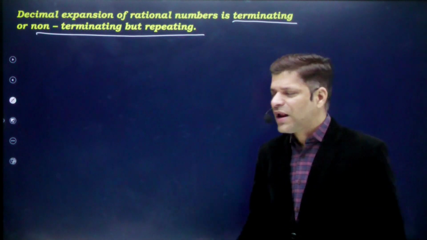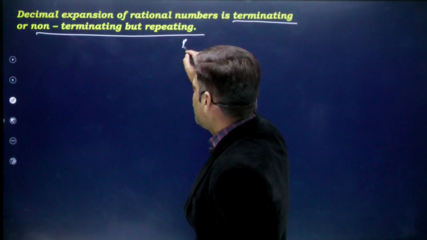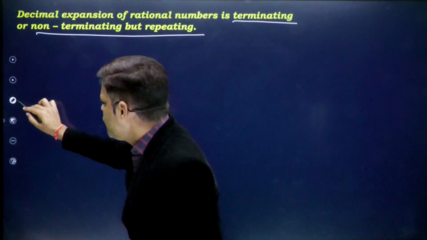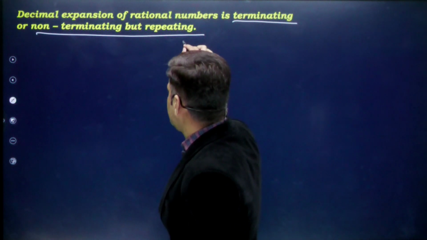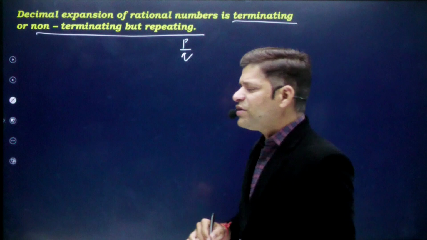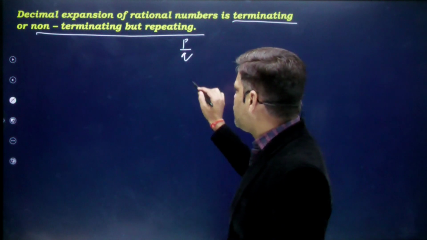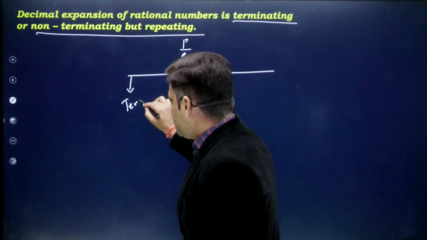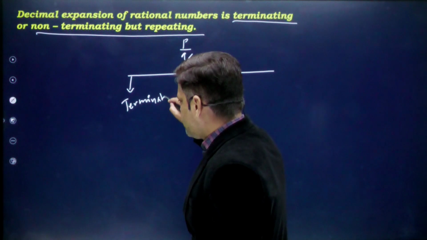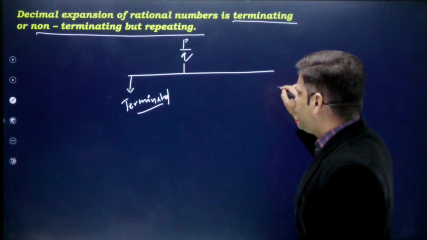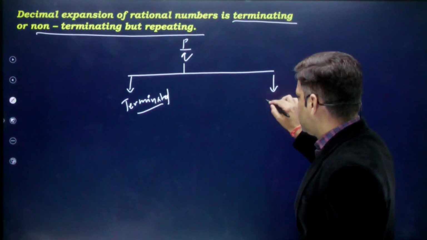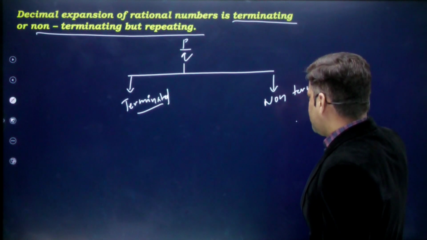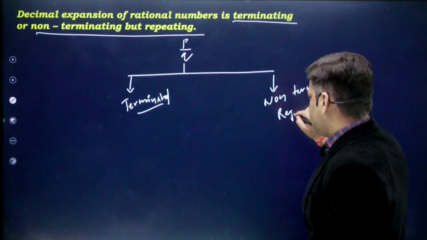So any rational number which is in the form of p by q will either be terminating, or non-terminating and repeating.